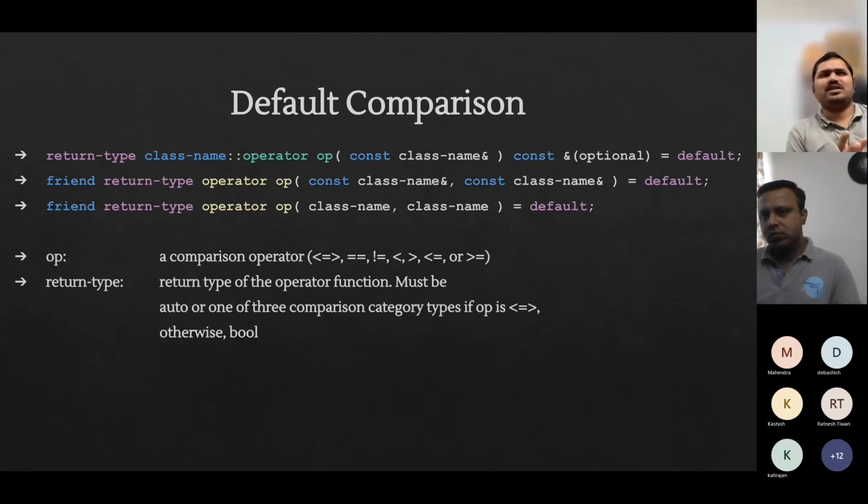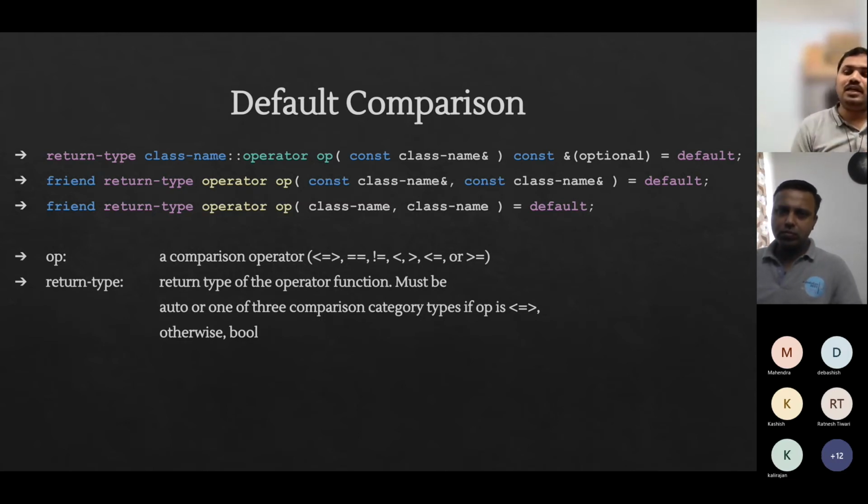So in most cases, you can just write the spaceship operator as default. But then what is the use case for having these other operators as default? Let's say you want to take the address of these operators. In that case, it is good to have a name; only then can we take the address. In that case, you can define other operators as defaulted as well, and the default code for all these other operators will again be generated from the spaceship operator.